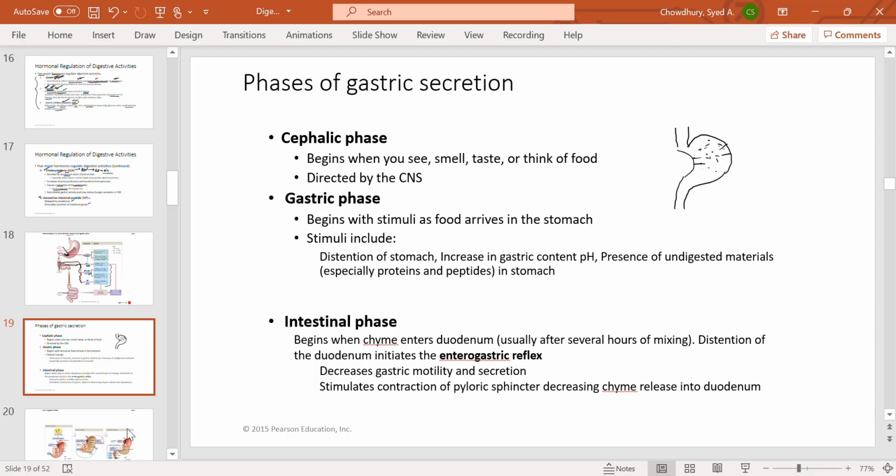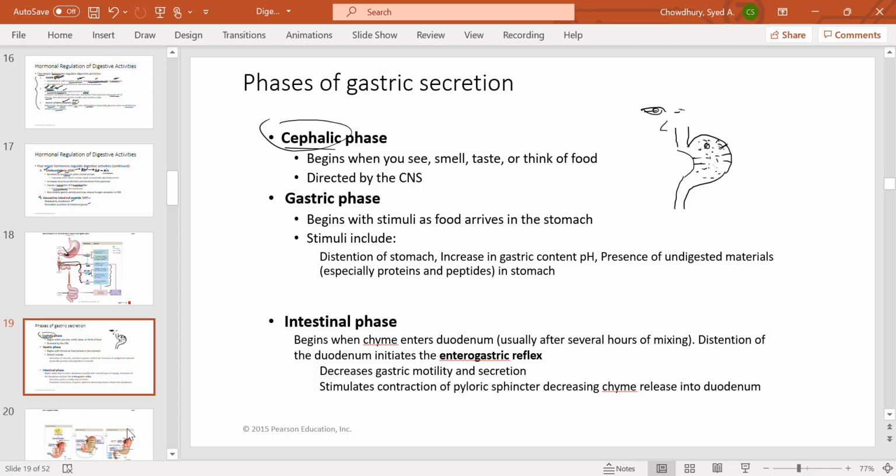So that is called the cephalic phase. Cephalic means head. That means even if you are thinking about food, right, secretion can occur. Seeing food, smelling food, or tasting food. So before the food enters into the stomach, those can stimulate the secretion or release of the chemicals into the stomach wall, from the stomach wall. And that is the cephalic phase, like you are seeing the food or smelling the food or tasting the food in your mouth, secretion will occur into the stomach from the wall.